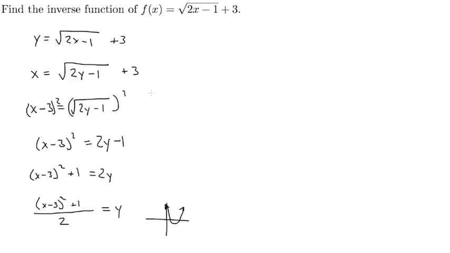And here's the important point right here. We know that x is going to equal the square root of 2y - 1, plus 3. So notice, x, we know that the square root, what's the smallest that can be? The smallest that a square root can be is 0, and then we're going to add 3 to that.